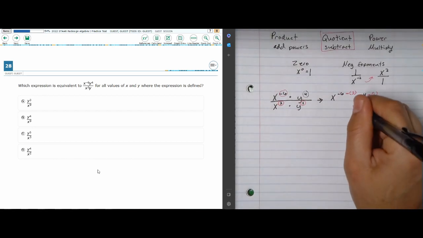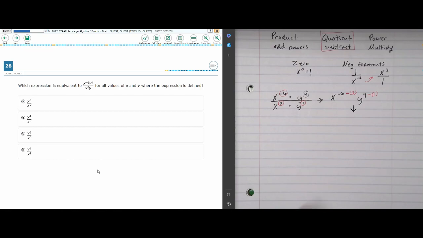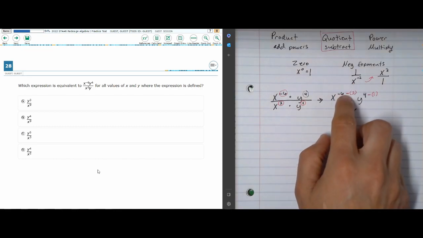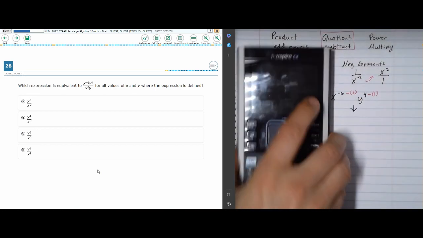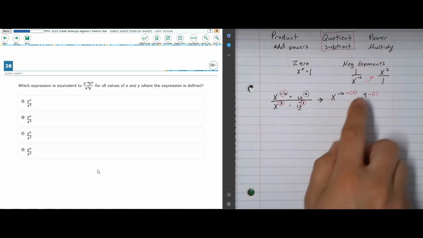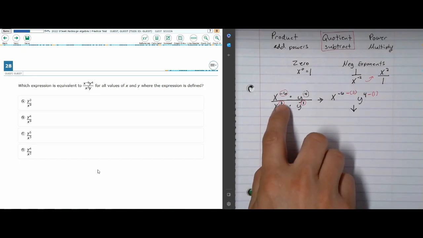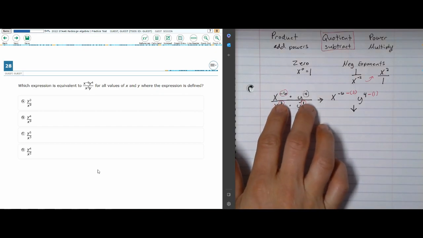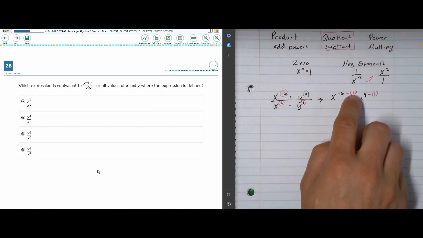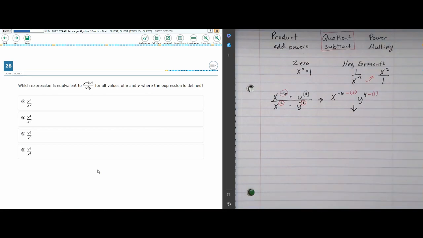If we want to continue working on this, at this point we're really just doing simple addition or subtraction. So let's do this first one. I'm going to put it in the calculator. I like writing it like this, and anytime we take the denominator's power, always put it in parentheses. If it has a negative in front of it, you would put a negative in the parentheses with it. But because both of these powers in the denominator are positive, we just have a positive 3 and a positive 1 in there.